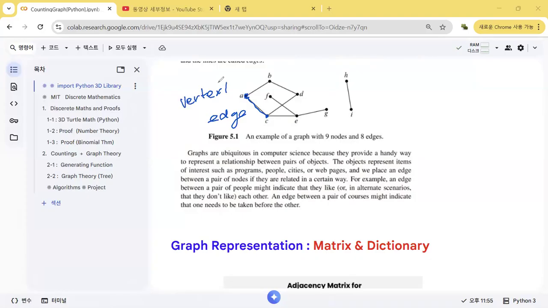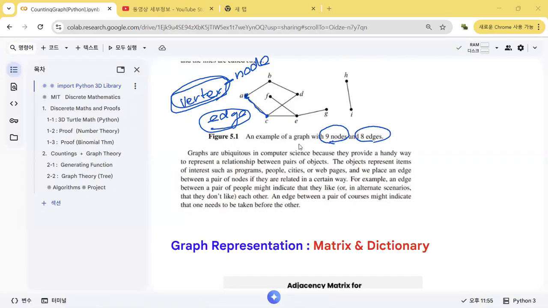But especially in computer science, some people use node, N-O-D-E, instead of vertex. And edge is used. So here there are nine nodes, or vertices, and eight edges like this.